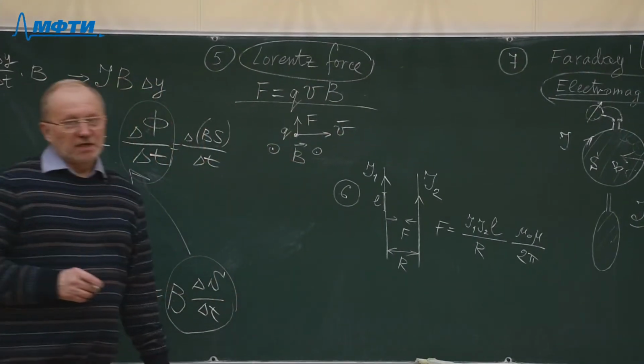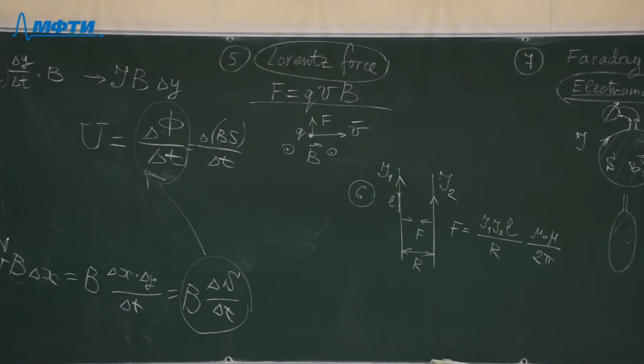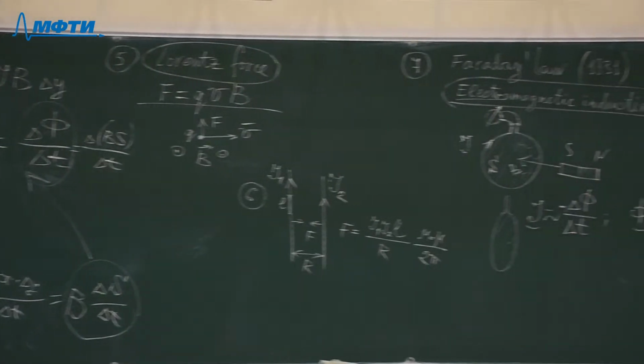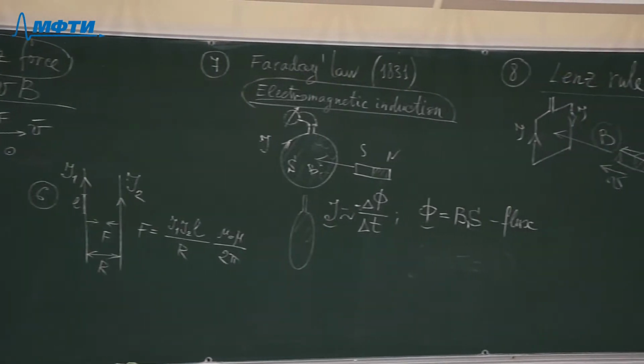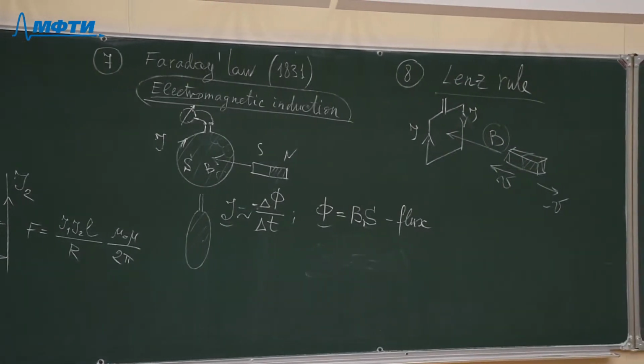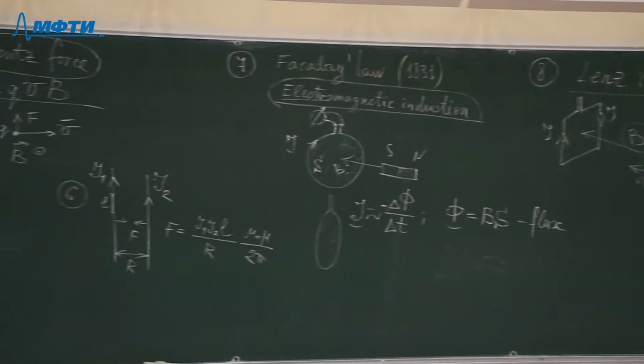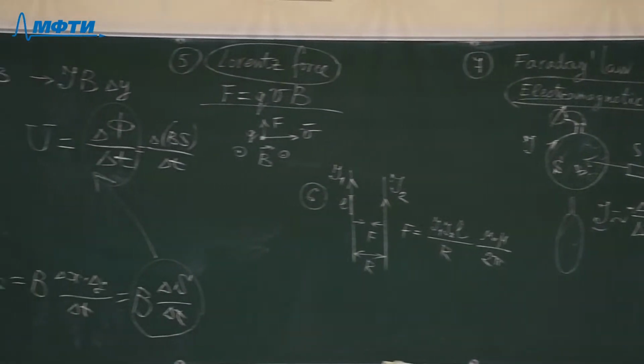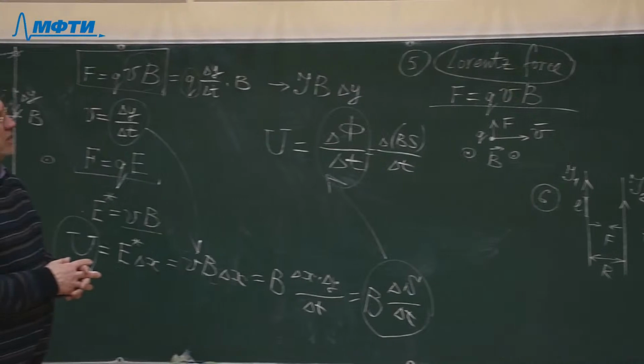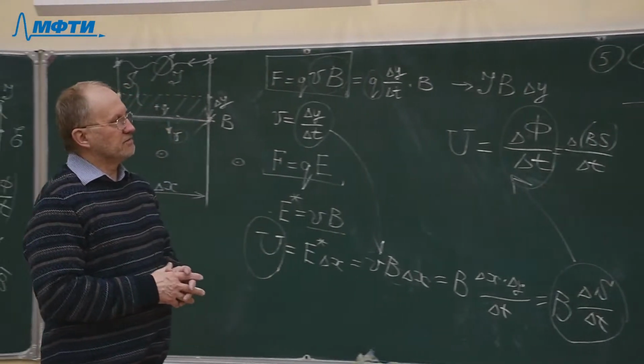Probably there are many more formulas and more phenomena in electromagnetism, certainly more. But we considered 8 different processes and 8 different phenomena.